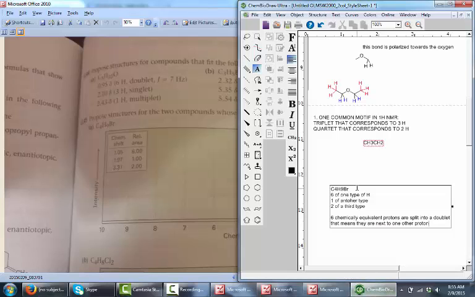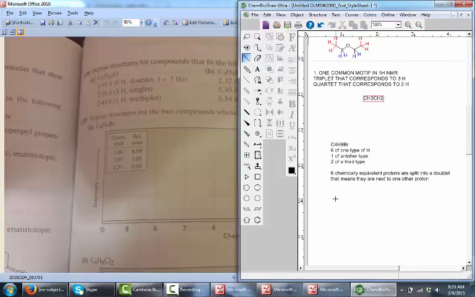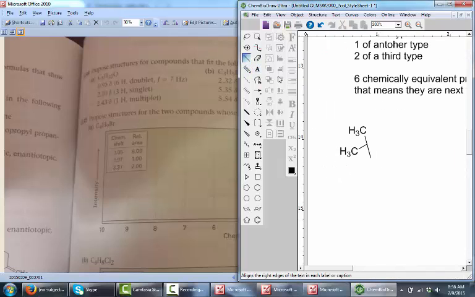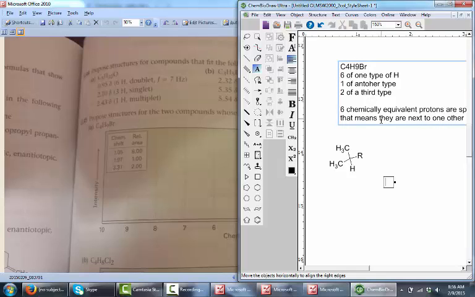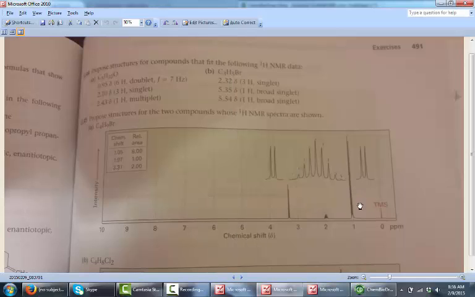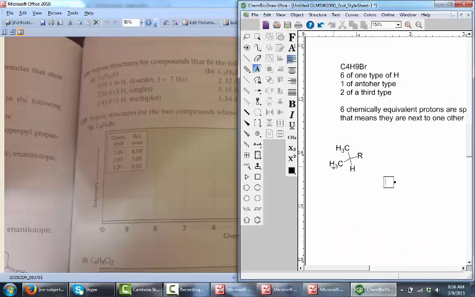And this is another common motif, so that almost always means a situation like this. So let me show you an isopropyl. This is another common motif where I have a situation like this, where, hold on, put the H there, and then here that'll be just the rest of the molecule. So a doublet that corresponds to 6 protons, that's very close to TMS, very low ppm, almost always means this group called an isopropyl.